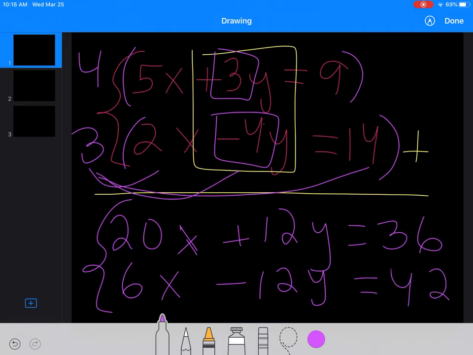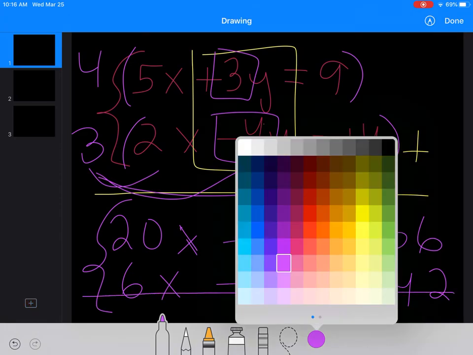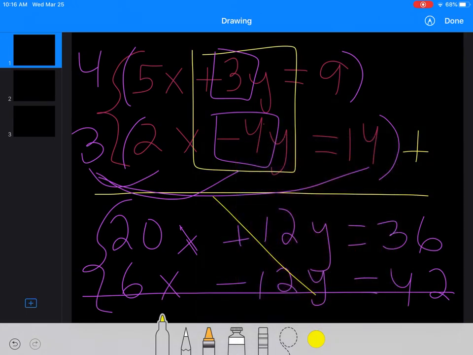Now let's add these equations. If we add these up, our y terms will cancel, which is what we wanted to do to begin with. If I add my x terms vertically, that's going to be 26x, and if I add 36 plus 42, we'll get 78.